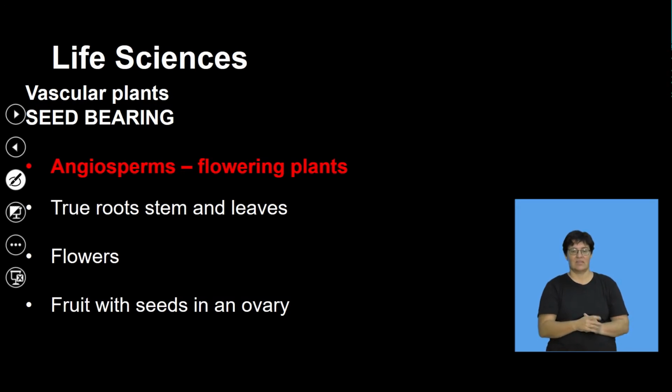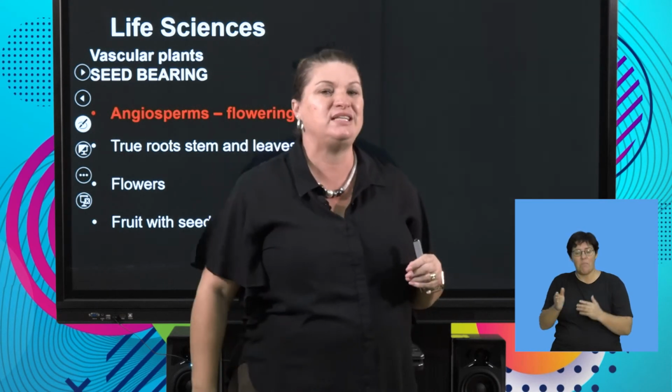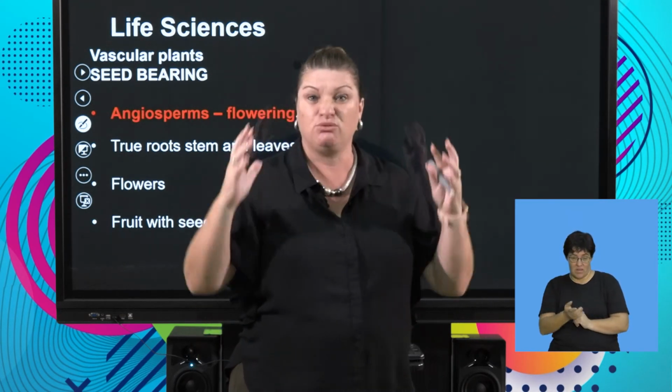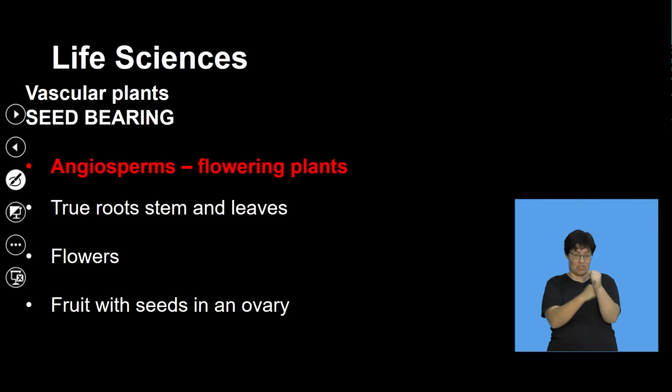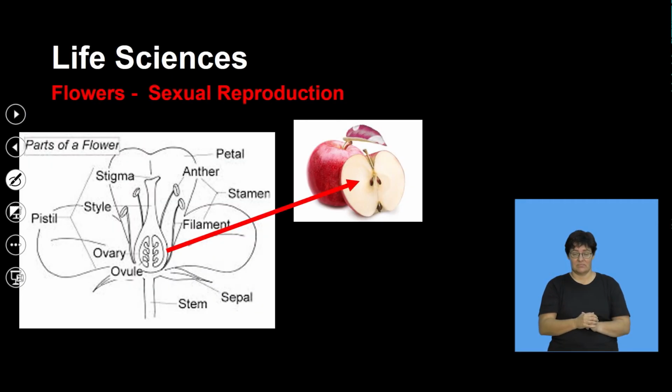Then my angiosperms. Those are my flowers, and we're going to look at that in a bit more detail when we look at the flower as a reproductive structure. Okay, now flowers, what do they have? Now have a look.